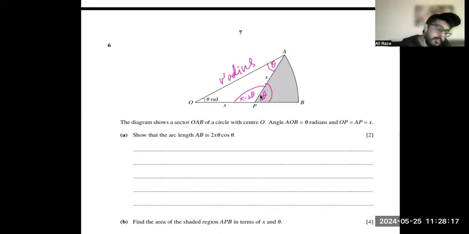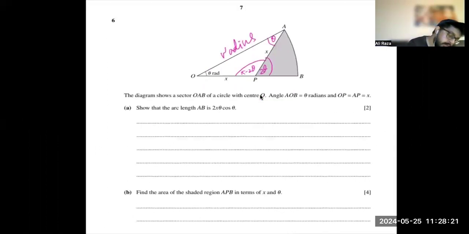Now we can use cosine rule for this. If I take the side AP as the side C and use the angle theta and the sides radius r and x, I can use cosine rule. x square is equal to r square plus x square minus 2rx cos theta.